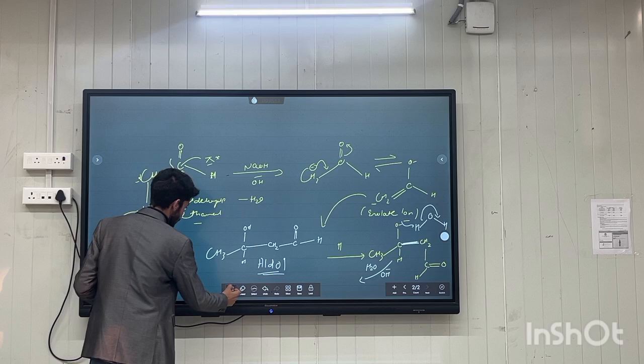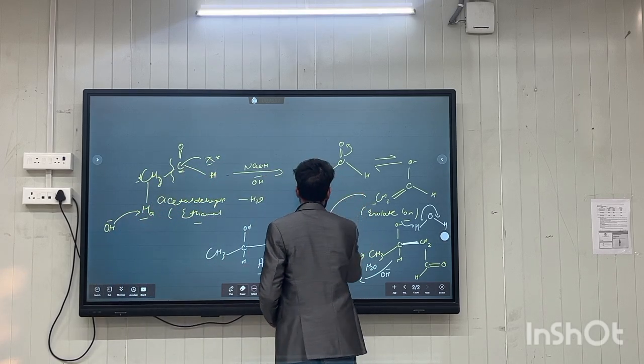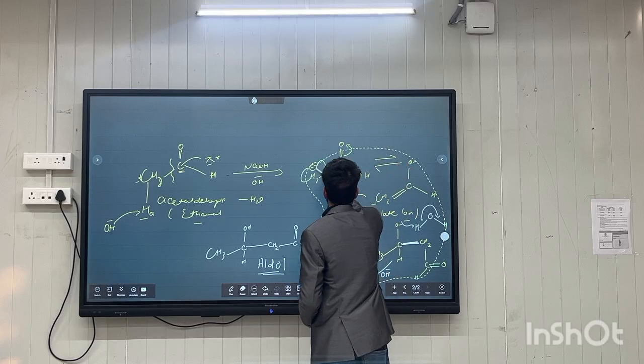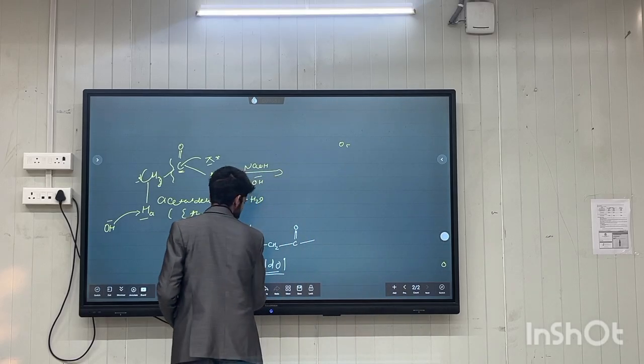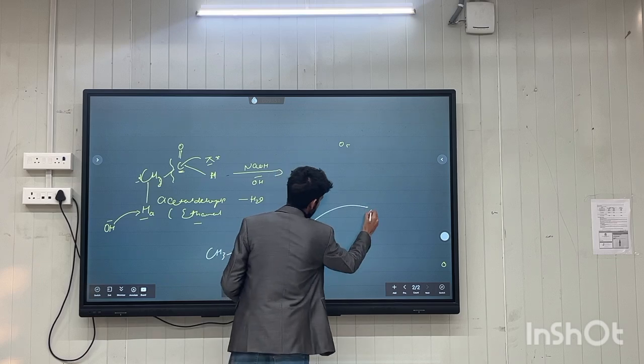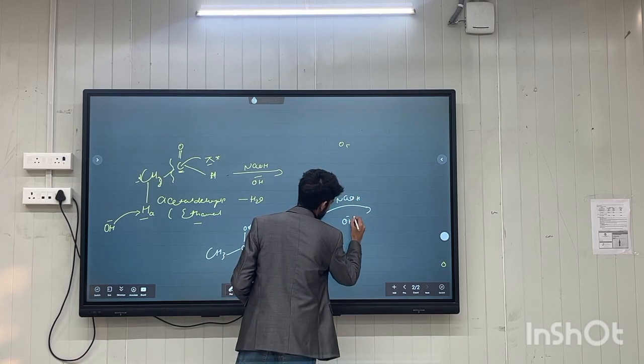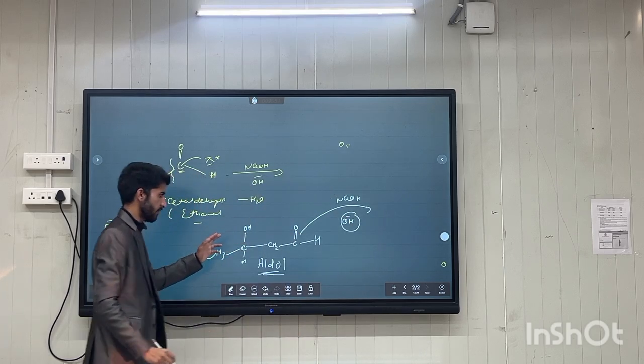Let me erase this. Okay, so again I'm treating this as base, NaOH. So there is the hydroxide ion again. If we see, OH is a very bad leaving group.